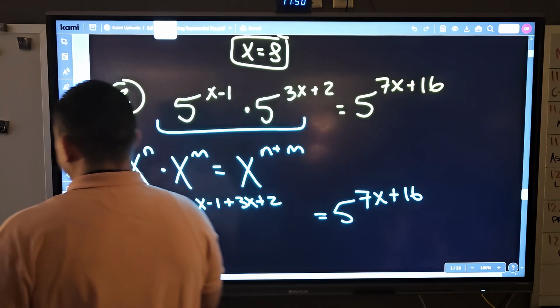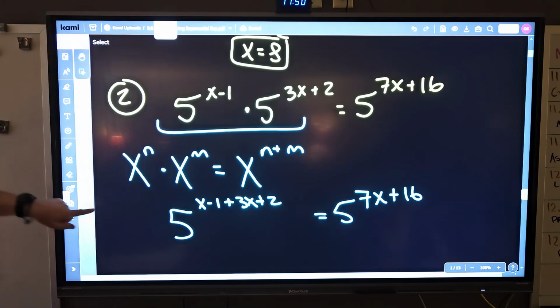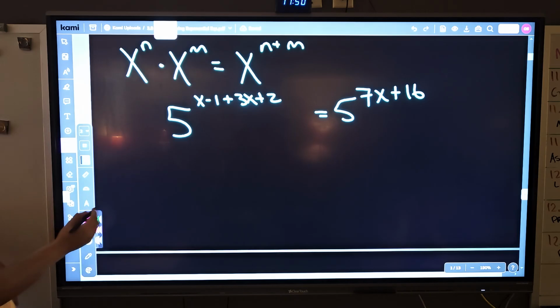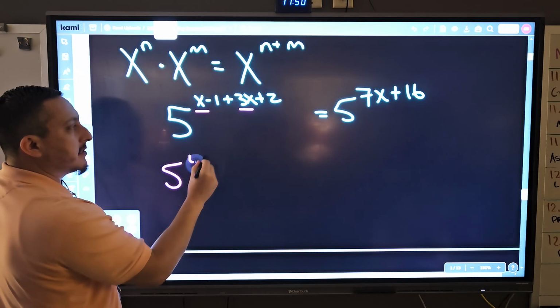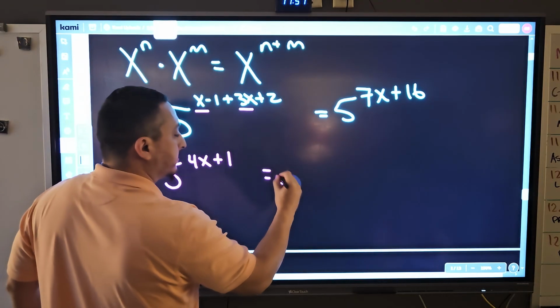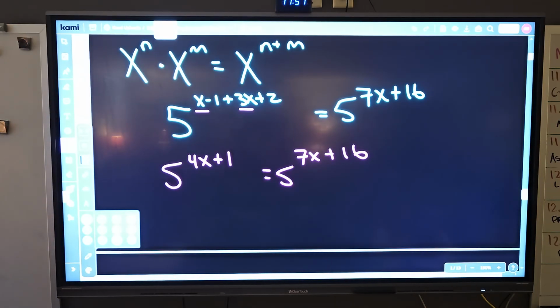Any questions on this step? Because that's the only difference on this step. Now you're just combining like terms. x's plus x's, 1x plus 3x is 4x. Negative 1 plus 2 is plus 1. And now you can cancel the 5's because you have 2 5's, one on each side.